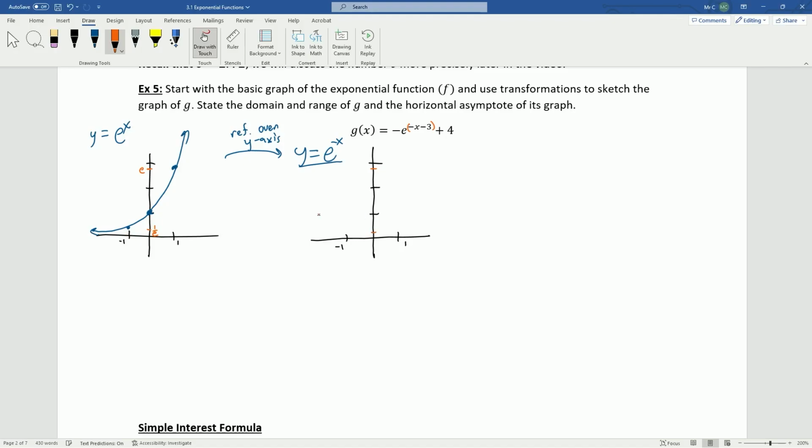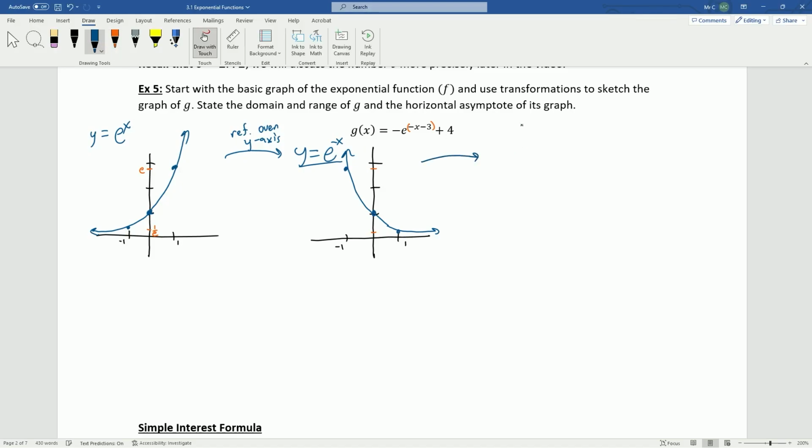Now I'm going to mark the same spots for e and 1 over e, but I'm not going to relabel them every time, because that'd get a little redundant. All right, so I flip those points over the y-axis, and then connect my dots, and bam, I'm done. That's y equals e to the negative x.